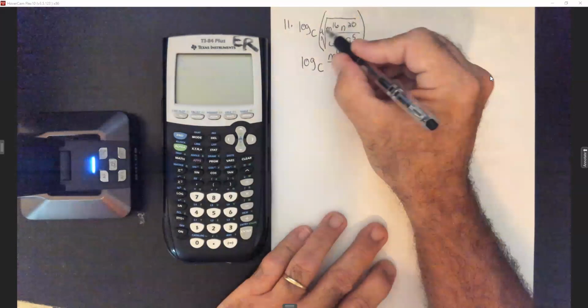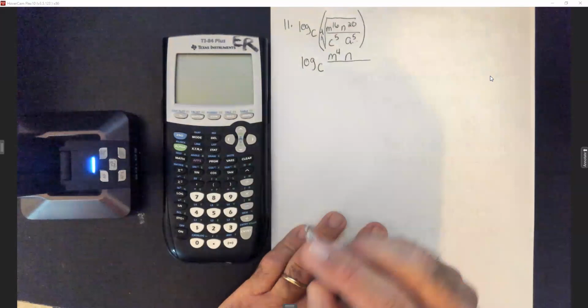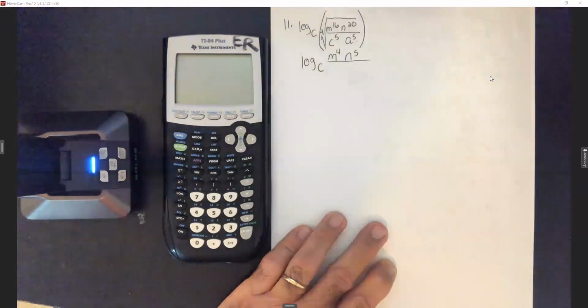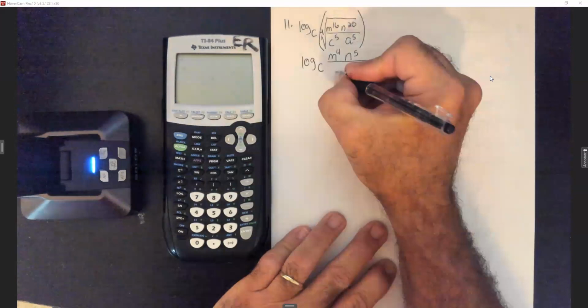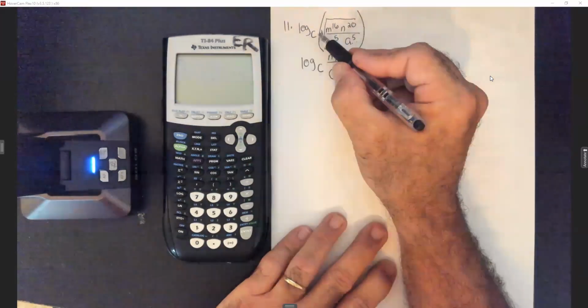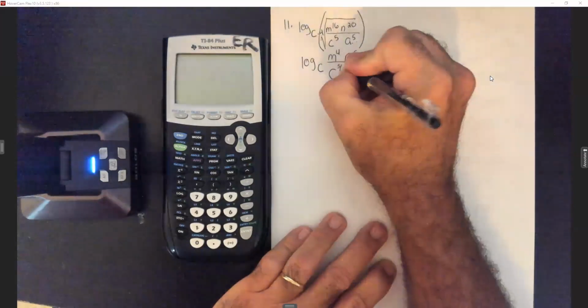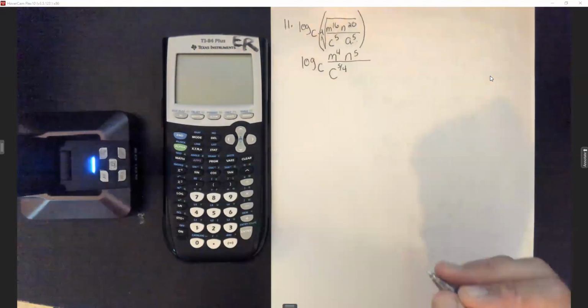Well, I can do that one also. 20 divided by 4 would give me a 5. Now down here we got a C. It's got a 5 divided by 4, which I cannot simplify, so I'm going to leave that at 5 over 4, okay?